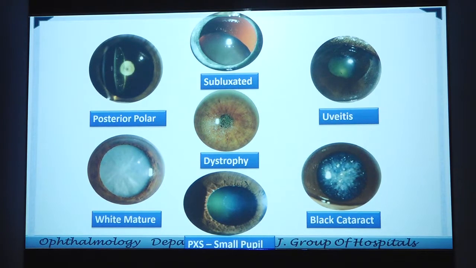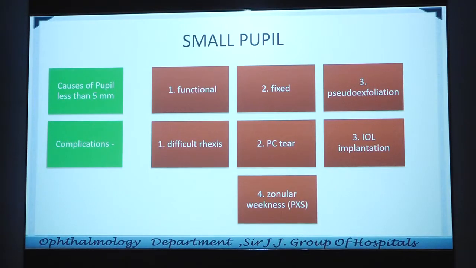So all these things you have seen just now, and then you can see the small pupil. This can be functional or fixed, or it is a pseudo-exfoliation, difficult rhexis, PC tear, or the IOL implantation, or zonular weaknesses.